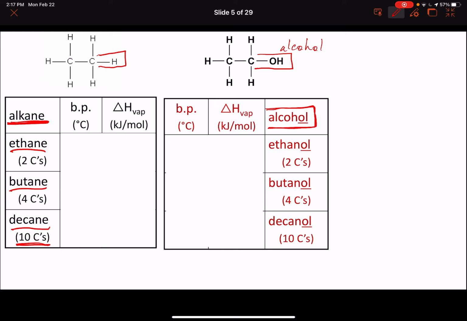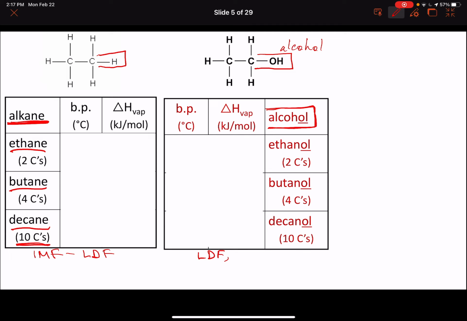So in the first series, we know that there are intermolecular forces that are London dispersion forces. We expect London dispersion forces in the second series as well, but there's going to be an additional intermolecular force. Please list this for yourself and resume the video when you've got that.